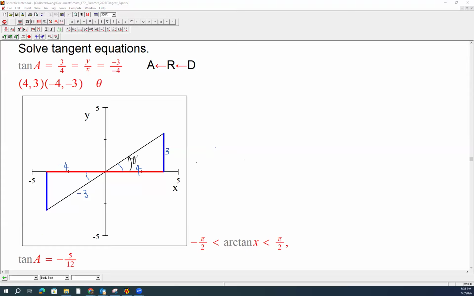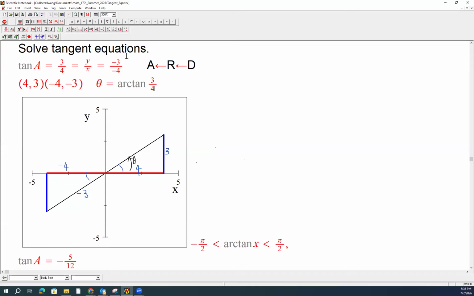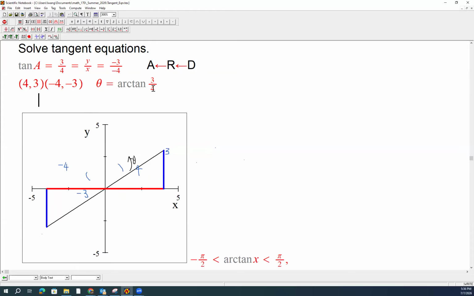So this is theta, and we define it as arctan of 3/4. This is the angle. Any angle that terminates here will give us a lot of solutions. And let's look at the other angle.